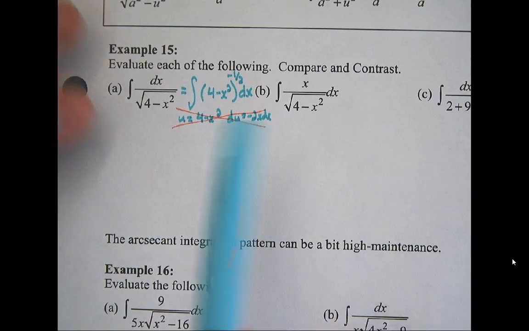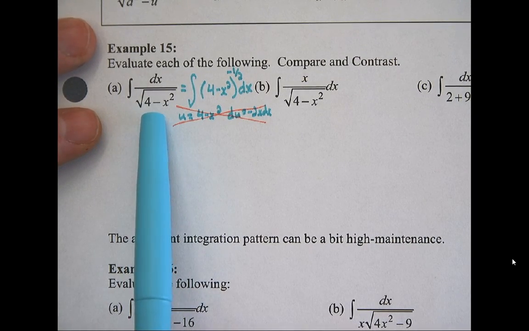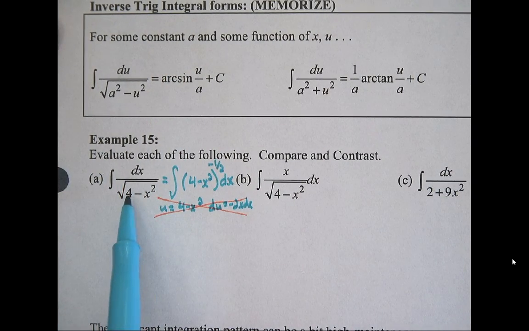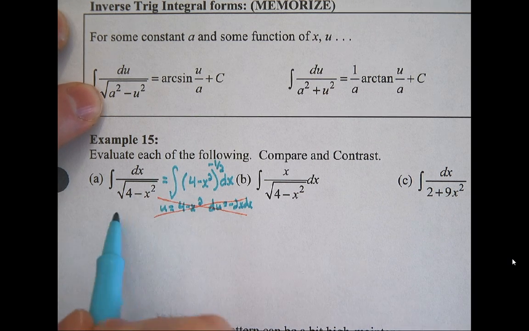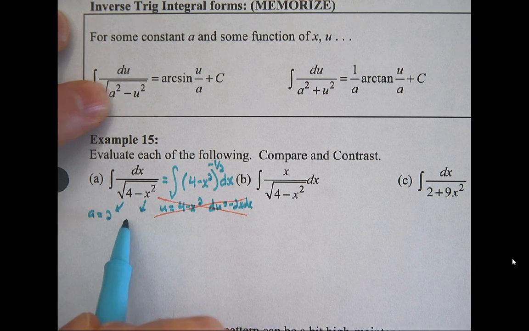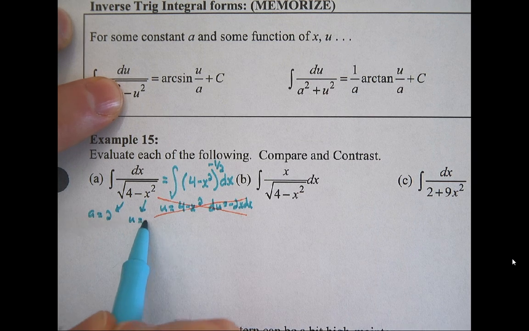As I look at this one, I've got the root of a constant minus a function, so that's my arc sine. So I want to think about, okay, who does a have to be if I have a 4 there? So I'm going to start writing myself little notes. a has to be equal to 2, and u has to be equal to x.